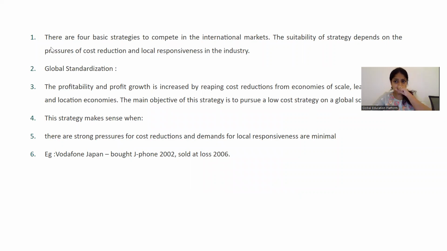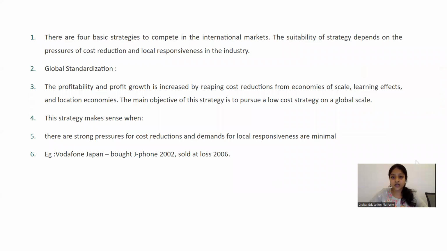So let's look at those four basic strategies. The suitability of a strategy depends on the pressure of cost reduction and local responsiveness in the industry. With global standardization, profitability and profit growth are increased by reaping cost reductions from economies of scale, because it's about standardization.